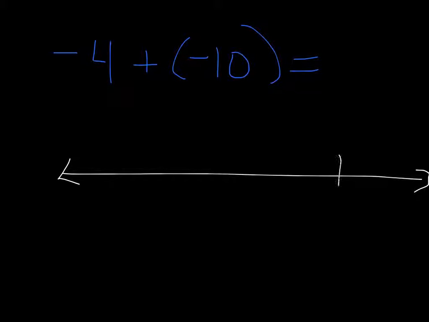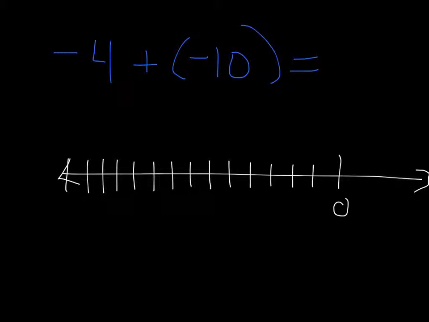Okay, I'm going to start. I'm going to go to -4. I'm going to take a point and put it on -4. 1, 2, 3, 4. Okay, now I need to decide which way I'm going to go on the number line. Am I going to go to the left or to the right?